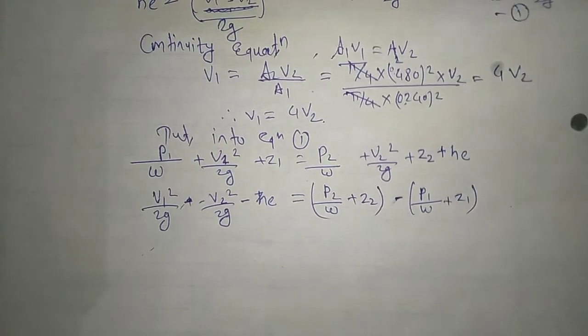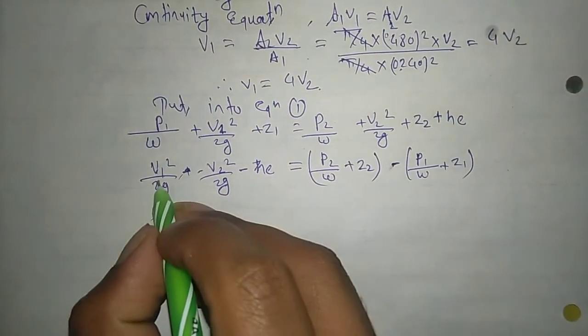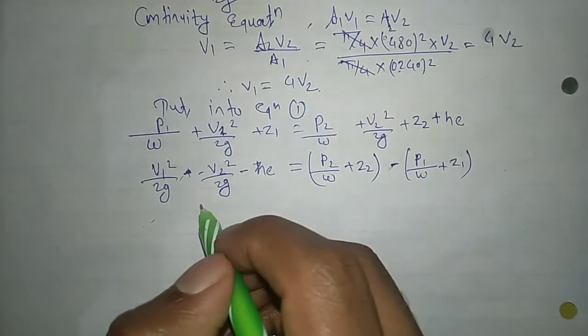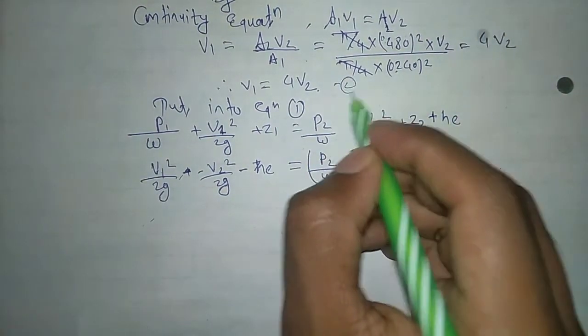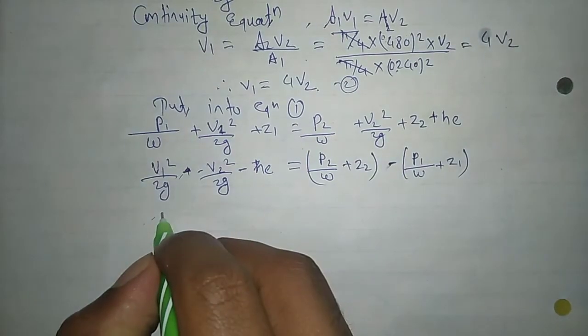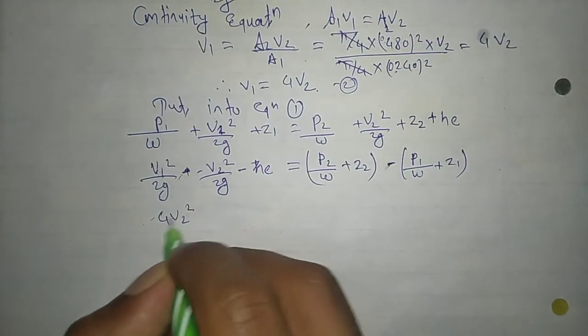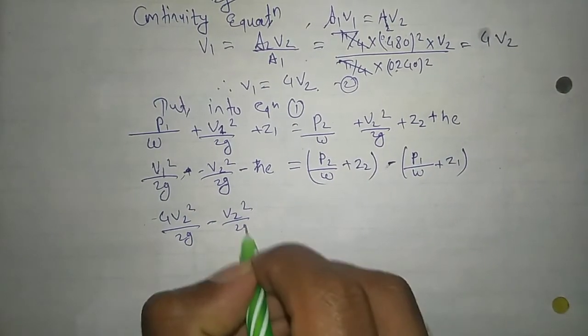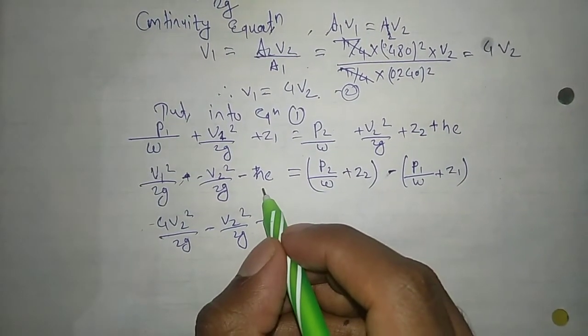We have V1 equal to 4 V2, as you can see in equation 2. So 4 V2 square by 2G minus V2 square by 2G minus HE.